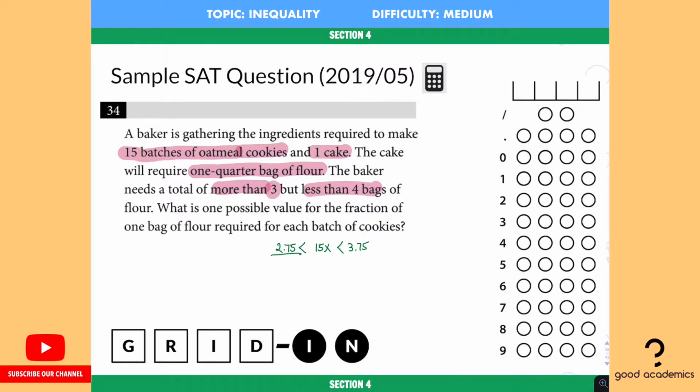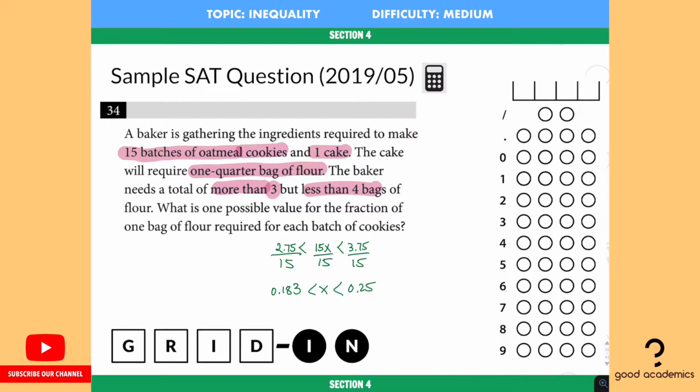To do that, let's go ahead and divide all the items here by 15. Then we have x right here, and you should have 0.183 on the left and 0.25 on the right.